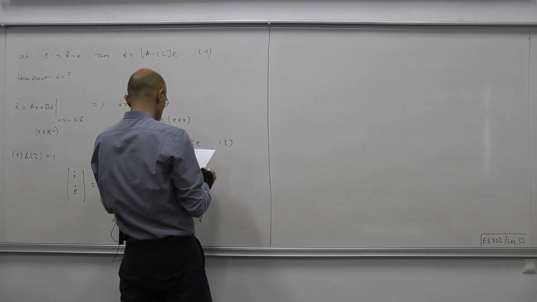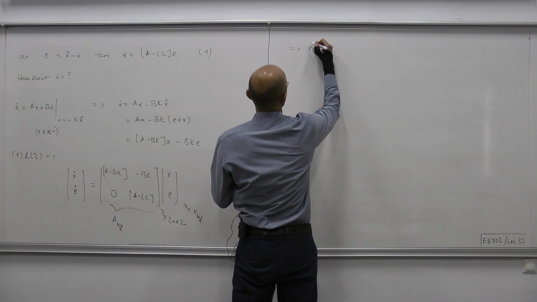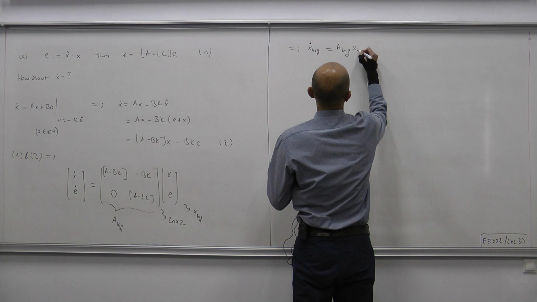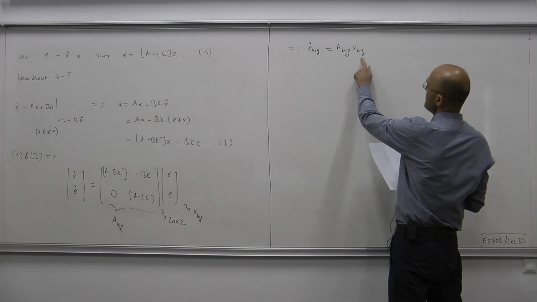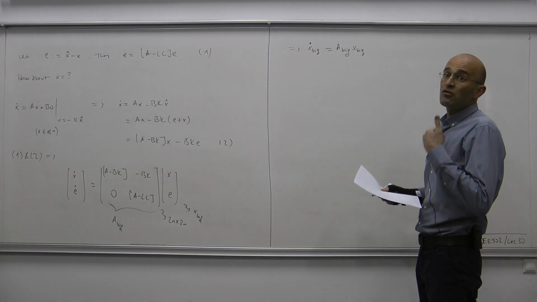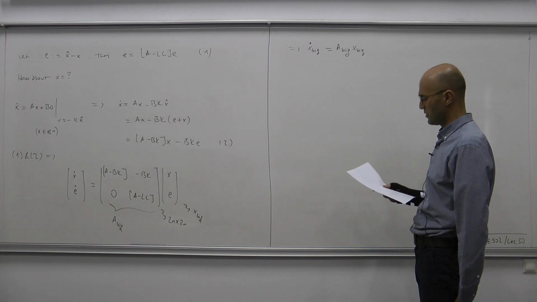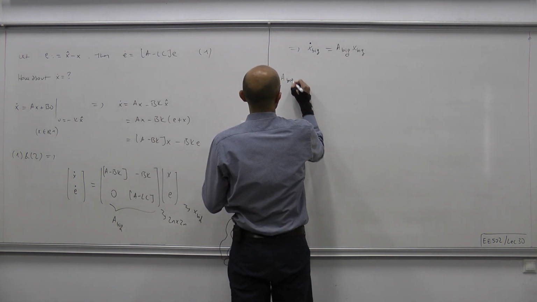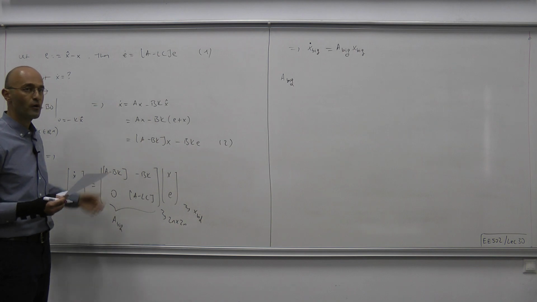What we have obtained is the following: x big dot equals A big times x big. This system is of order 2n, that is twice the order of the actual plant, x dot equals Ax plus Bu. One nice thing about this new large A matrix is it's upper block triangular.